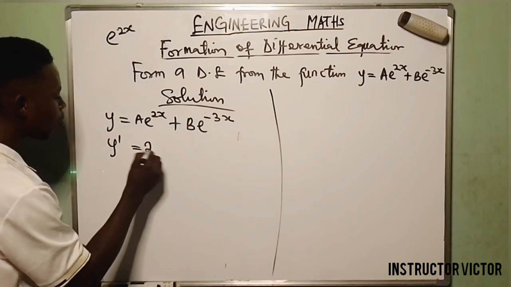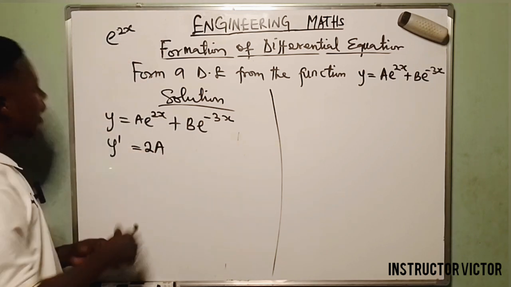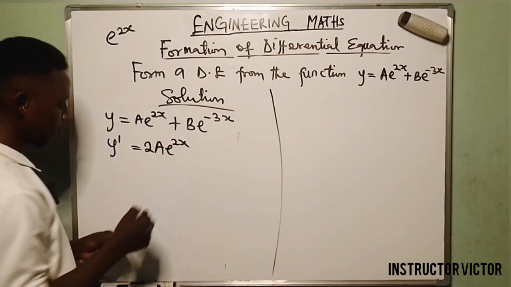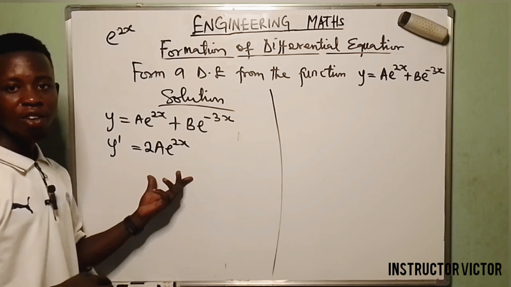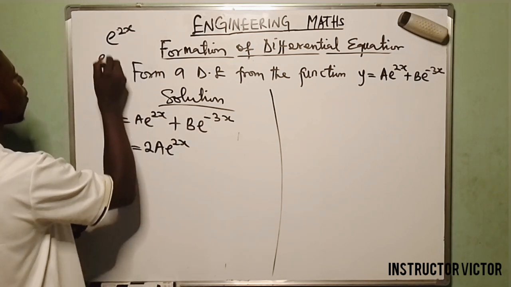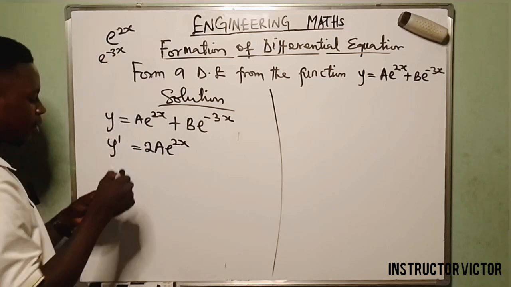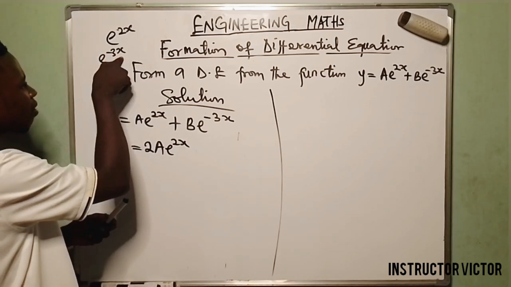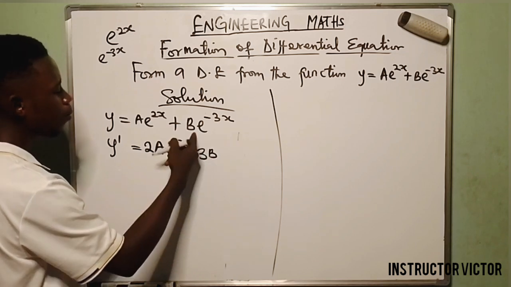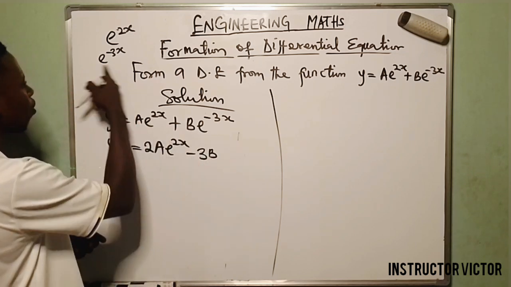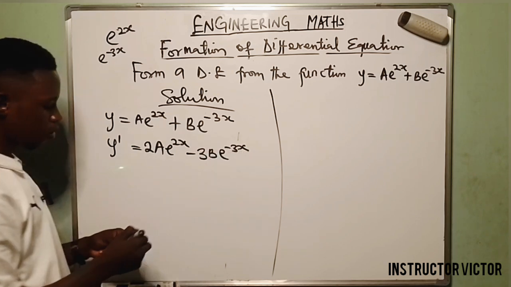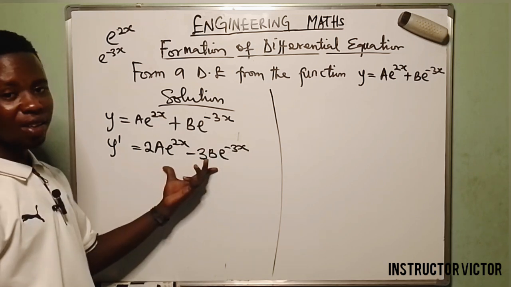So you have 2a, and then that particular function is exponential 2x. Now, here you have exponential minus 3x. Differentiate the minus 3x, you are going to have minus 3, and then put your constant, and the exponential is minus 3x. You see how I was able to differentiate this now.